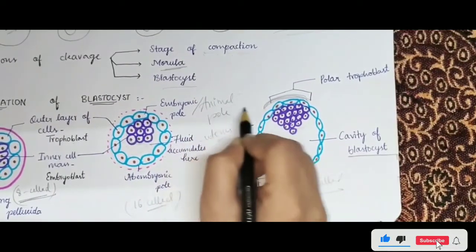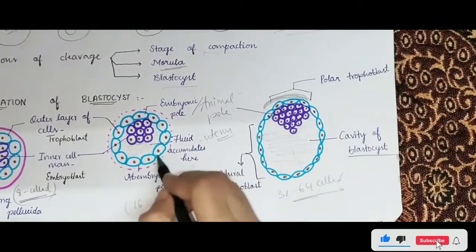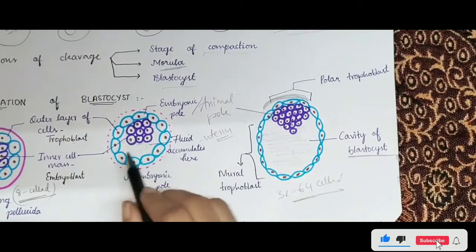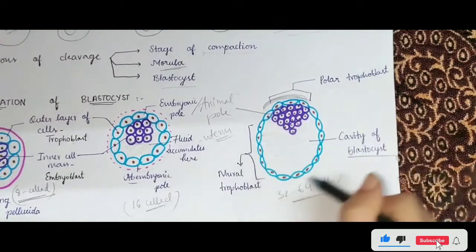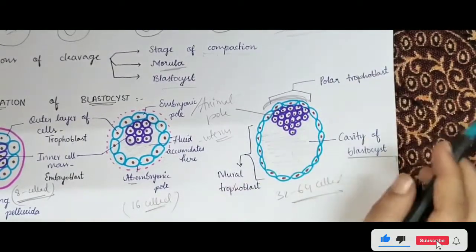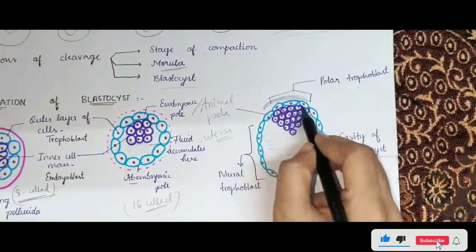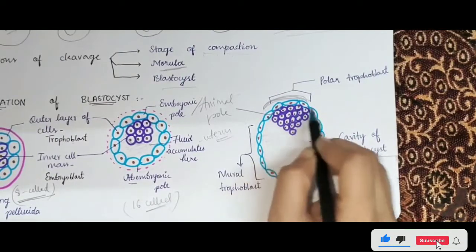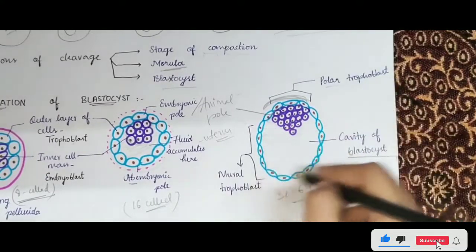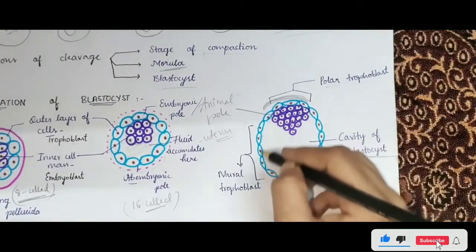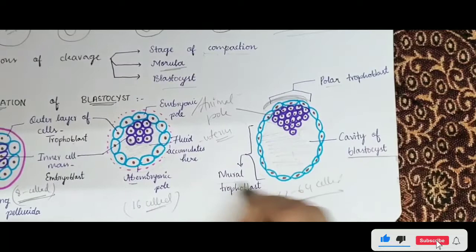The opposite side, where there is no attachment of the inner cell mass, is called the abembryonic pole. The trophoblast also divides into two: the part which remains attached to the inner cell mass is called polar trophoblast, and the other part which continues with the blastocyst is called mural trophoblast.